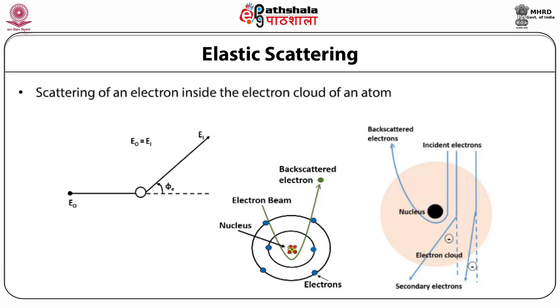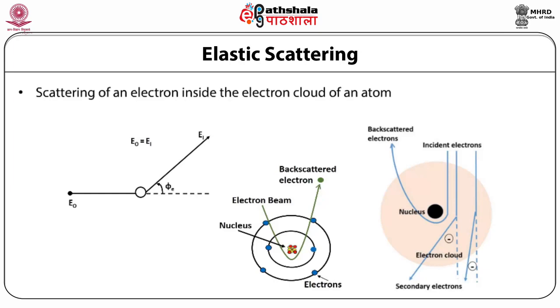A strong elastic scatter very near to the nucleus may result in the beam electron leaving the specimen via backscattering, called Backscattered Electrons or BSE. These electrons provide important information for SEM imaging.